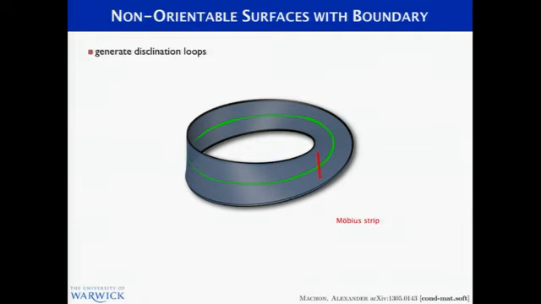And they're interesting because they generate disclination loops for you. They generate disclination loops for the following reason. Suppose I told you this is normal boundary conditions. The molecules are always pointing along the local surface normal. So look at what happens to the local surface normal around this green strip. It's a non-orientable surface. The surface normal rotates as you go around, and it comes back pointing exactly the other way around.